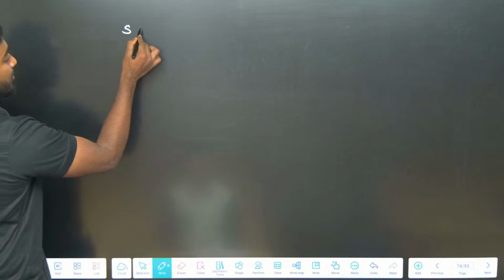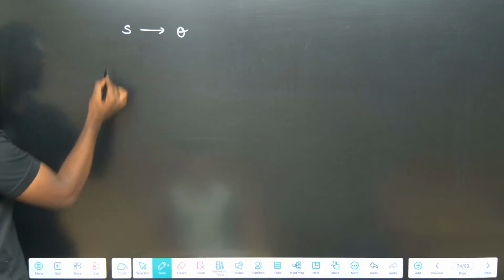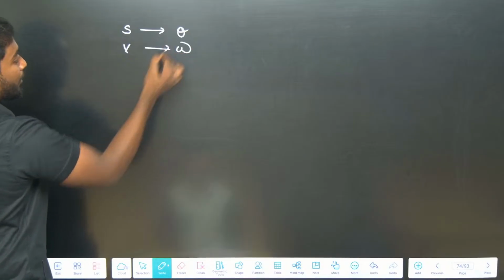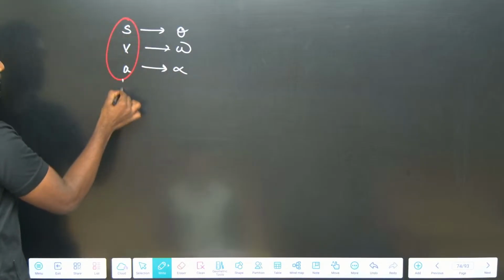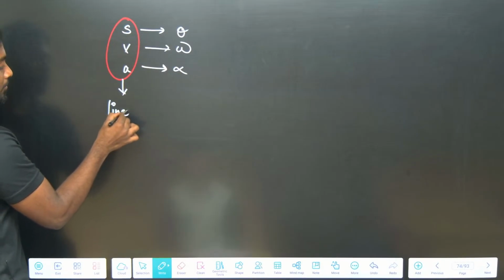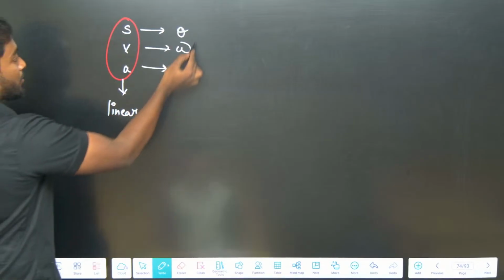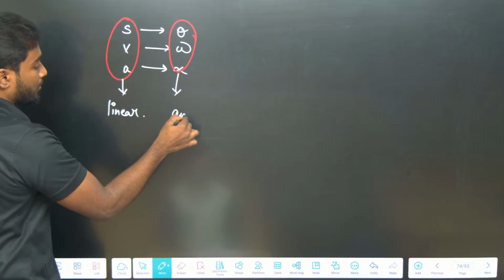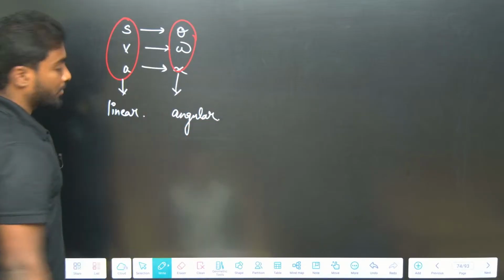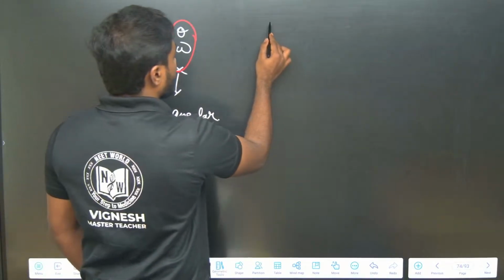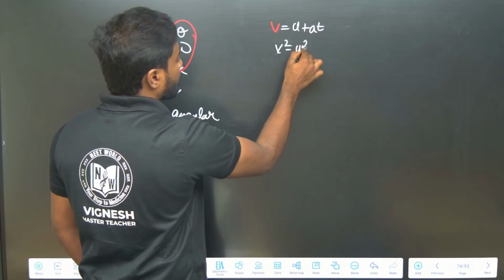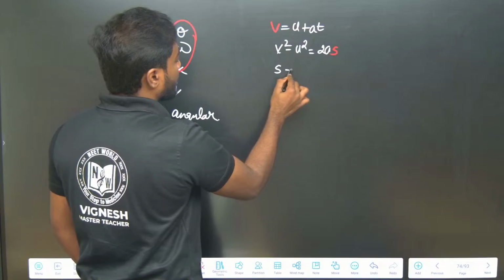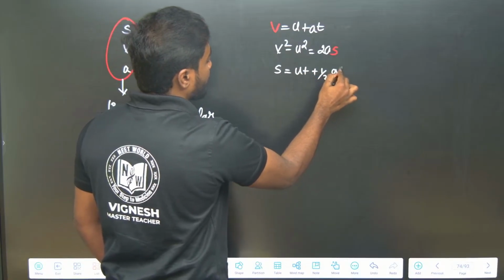Here s is displacement, v is velocity, and a is acceleration; these terms are linear, and the corresponding ones are angular. So we write v equals u plus at, v square minus u square equals 2as, s equals ut plus half at square.